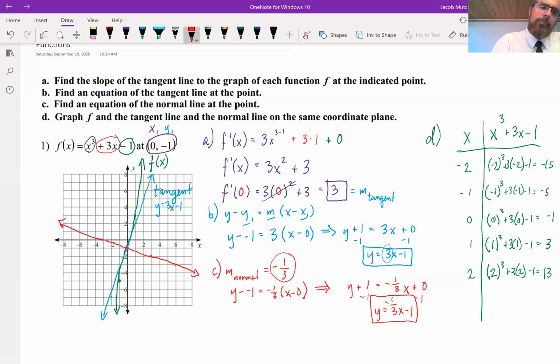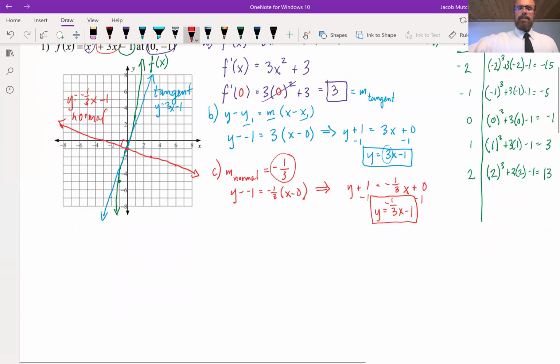And that is my normal line, and that's the equation, y equals negative 1/3 x minus 1. And that completes this task. And definitely we can see that that normal line is perpendicular to the tangent at the point (0, -1).